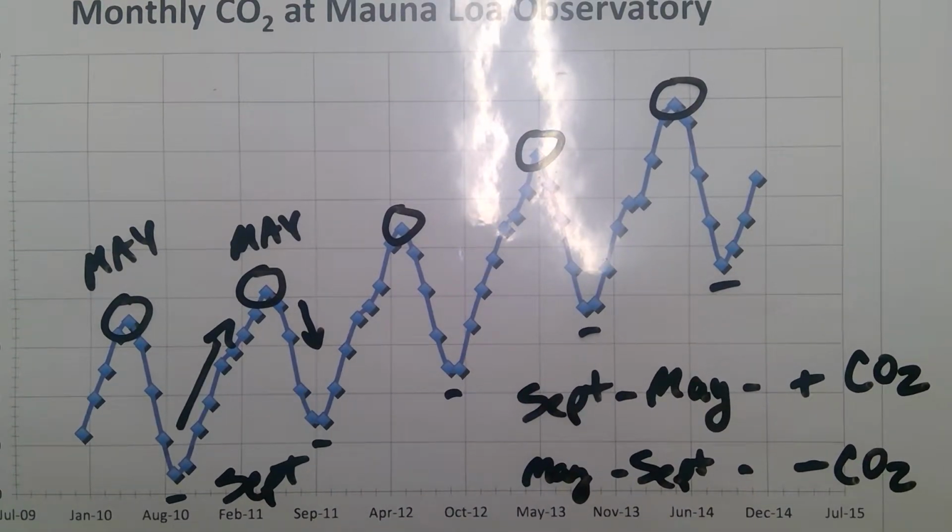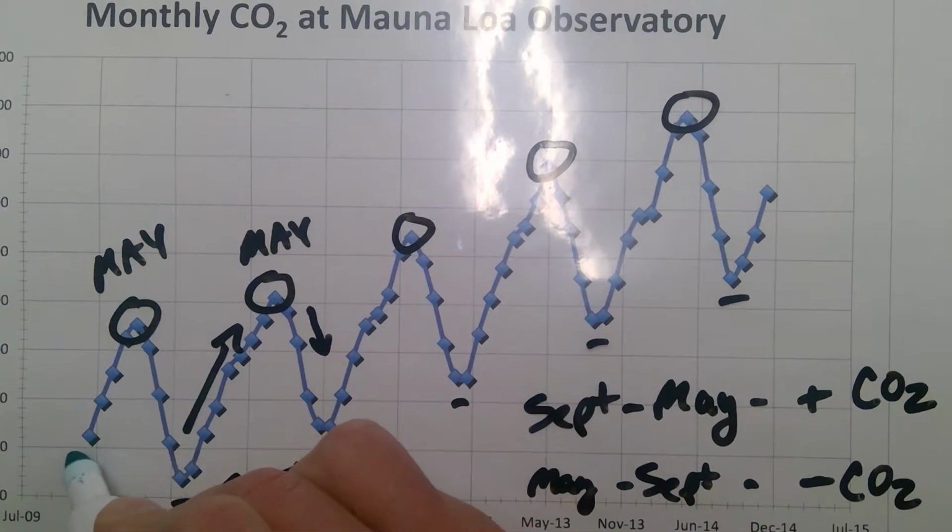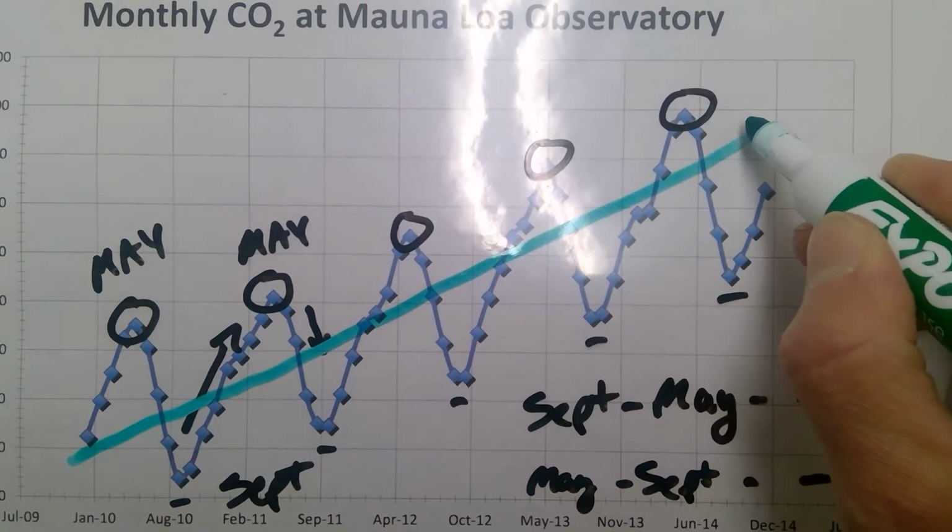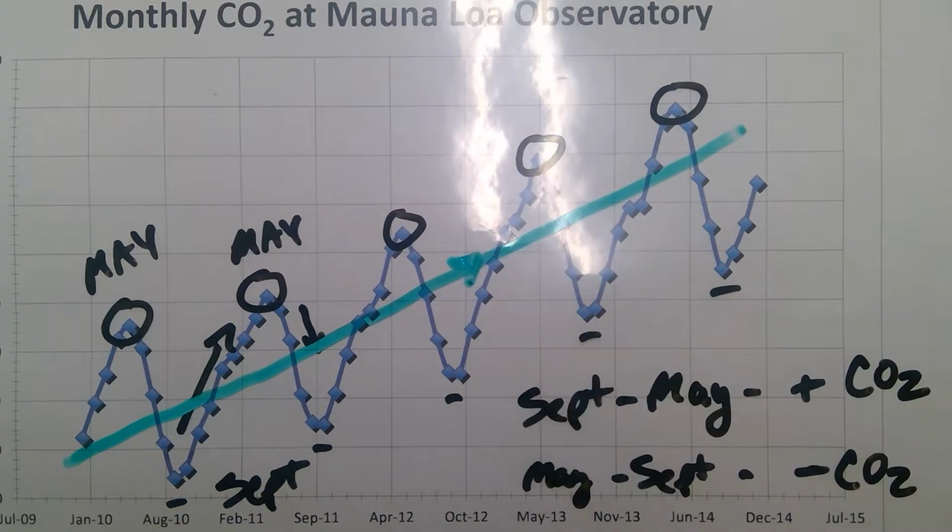If I wanted to draw the average, it would be somewhere in the middle, and the average CO2 would be going up. So on average, every year the values increase. That would be one trend, but there's a cyclic yearly variation related to the amount of photosynthesis and the amount of fossil fuels that are burned.